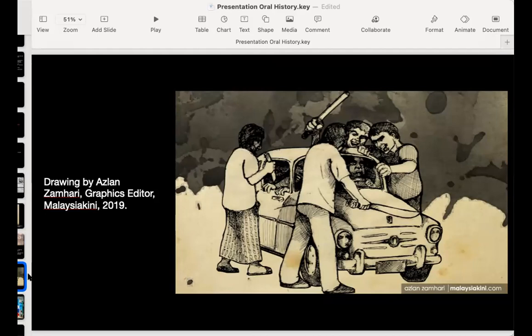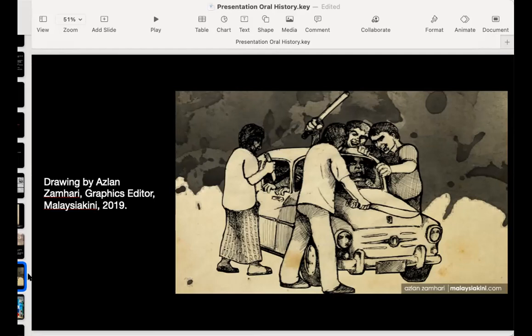And so pairing these illustrations with the oral history transcript itself, we get a much stronger way of engaging. It gives us another entry point into the story.